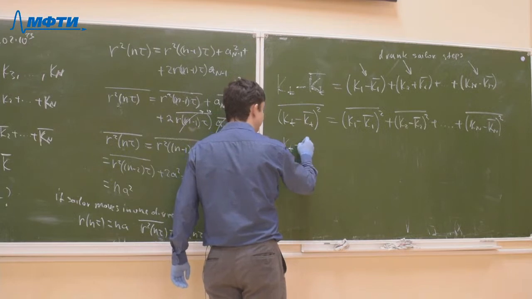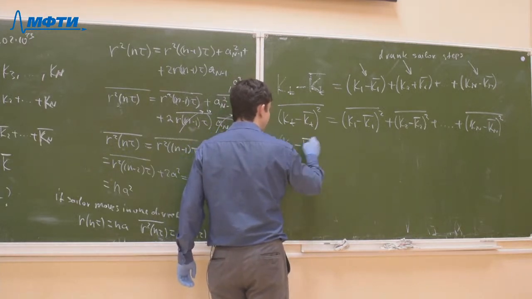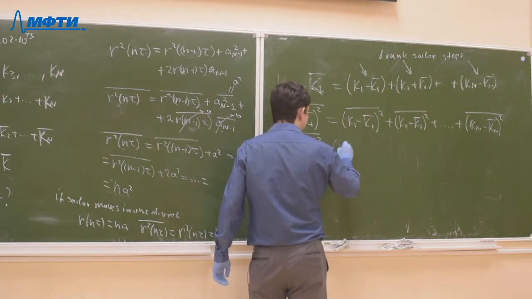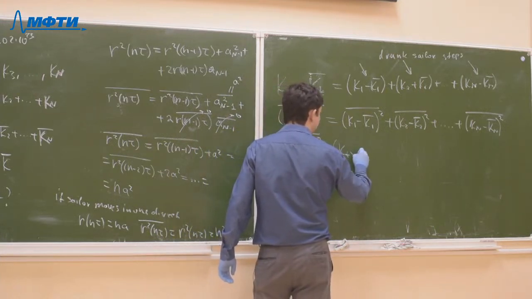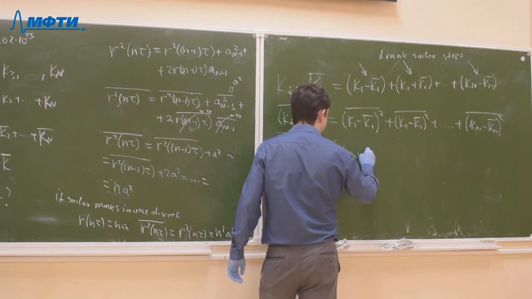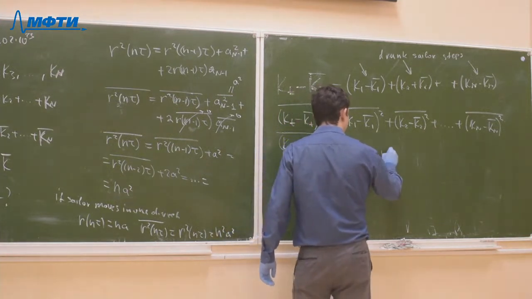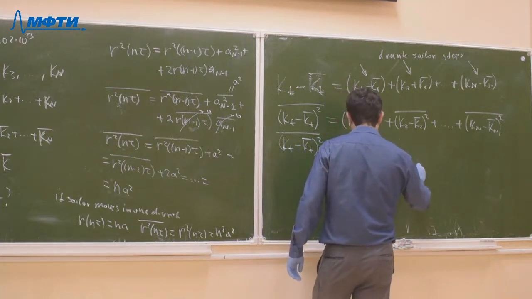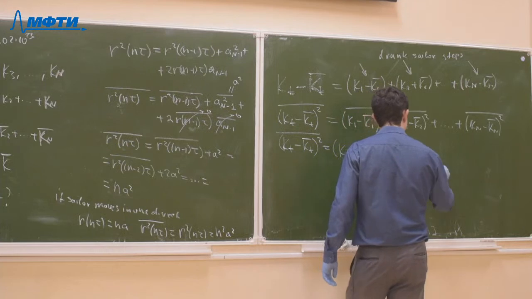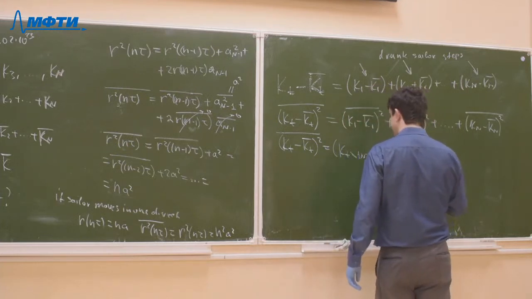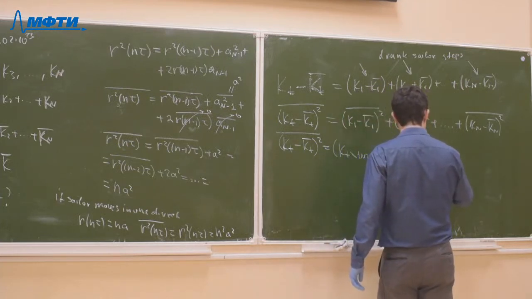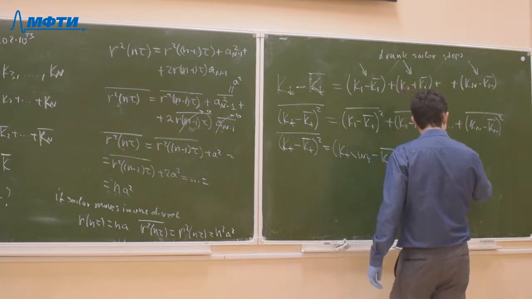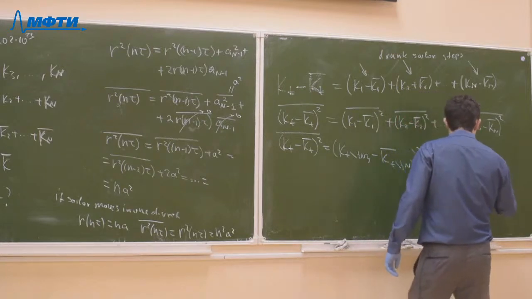So total kinetic energy minus average kinetic energy squared, averaged, is given as total kinetic energy without the nth particle, plus the nth term, plus the cross term.